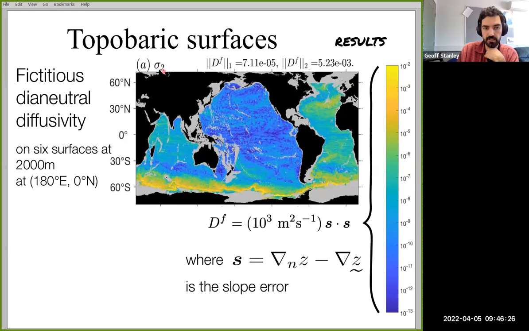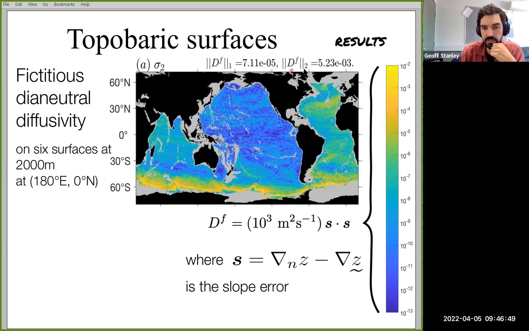So this is showing you the fictitious diffusivity on a sigma 2 potential density surface. And it's very low. This is a log plot. It's very accurate, very close to neutral in the Pacific where the reference pressure is near the actual pressure. But as the surface comes up towards the sea surface, you get towards shallower pressures, then these errors become very, very large.